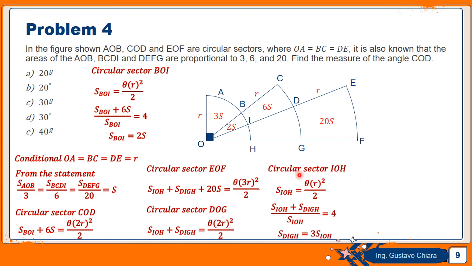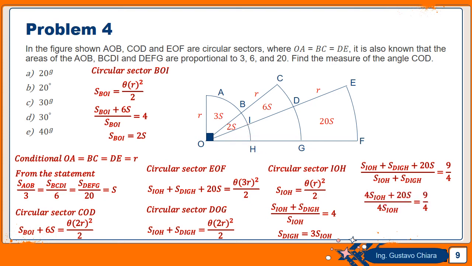And so, reducing the expression, we get that the area of this trapezoid sector is 3 times this circular sector. So finally, we need to use this expression and this expression, because now we know the relationship between the trapezoid area and the circular sector.